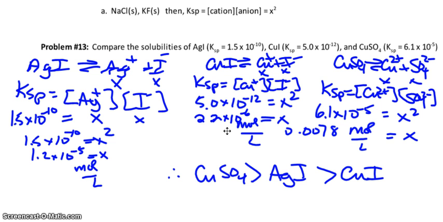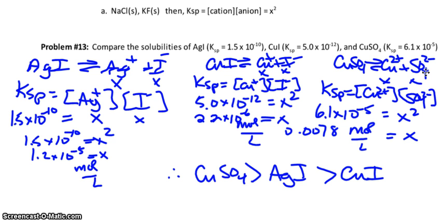Now note a couple things about this particular problem. Notice that the coefficients are all the same. They're all, in this case, 1. Typically you cannot compare KSP values, but in this particular case you can, because the coefficients of your ions are the same. You didn't have to raise anything to a power of 2 or 3.